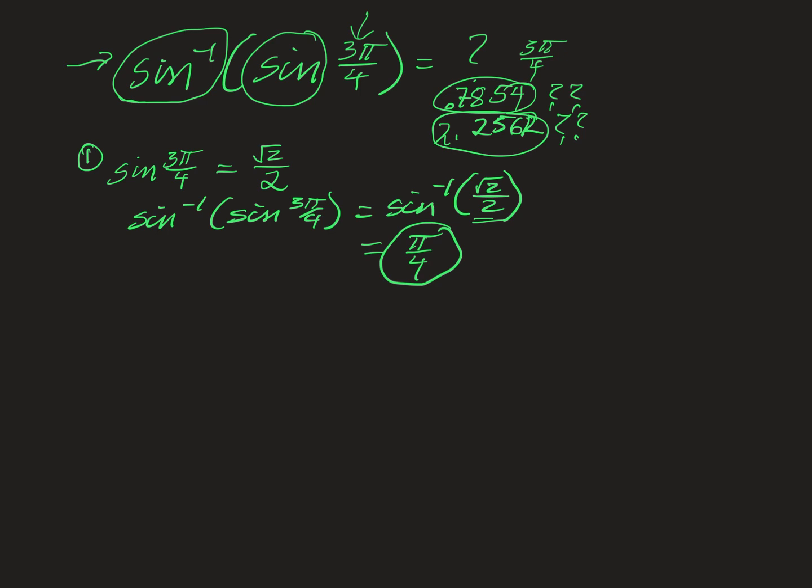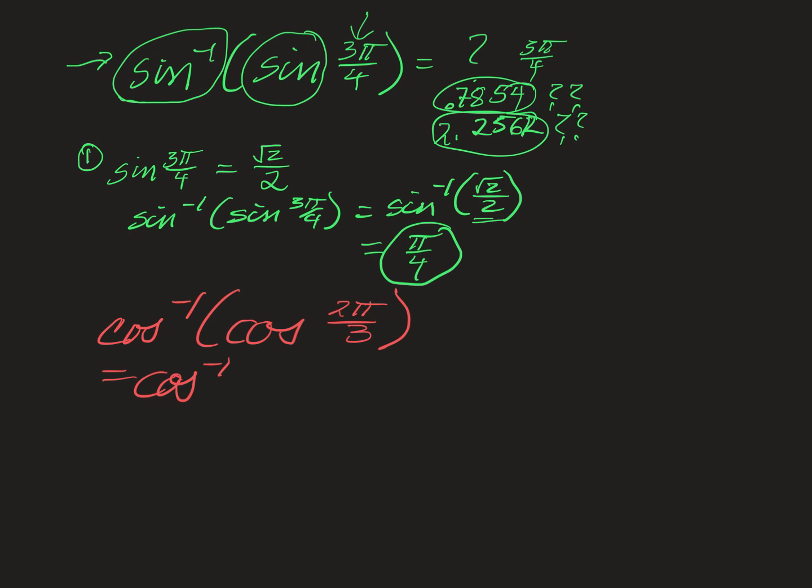Let's try inverse cosine of 2 pi over 3. Now, the cosine of 2 pi over 3 is equal to -1/2. Because the cosine of pi over 3 is 1/2.